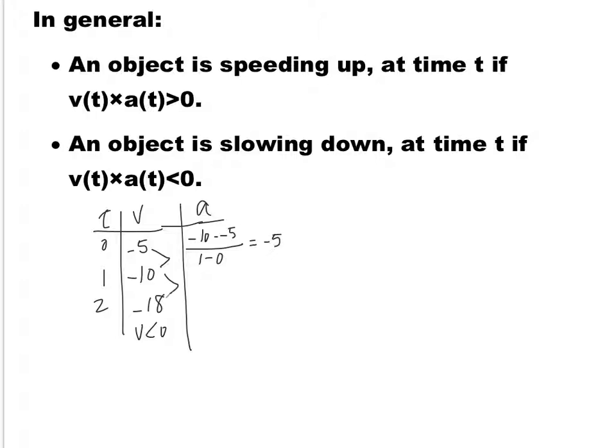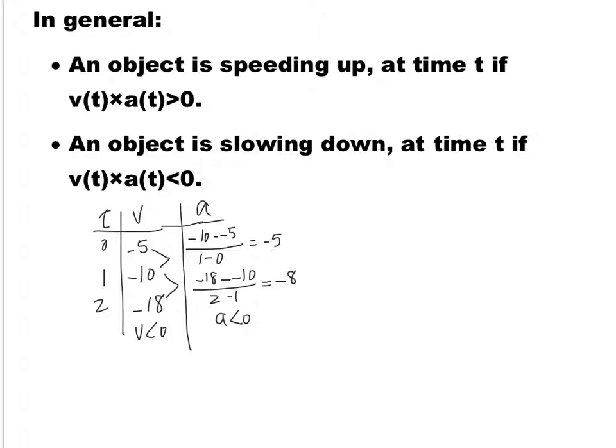For the next, we get negative 18 minus negative 10 over 2 minus 1, which is negative 8. You can see that the acceleration is also negative, and previously we said that the object is speeding up. So velocity is negative, acceleration is negative, and the object is speeding up.